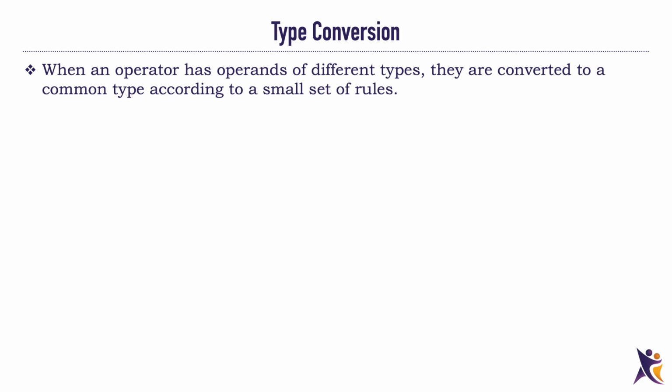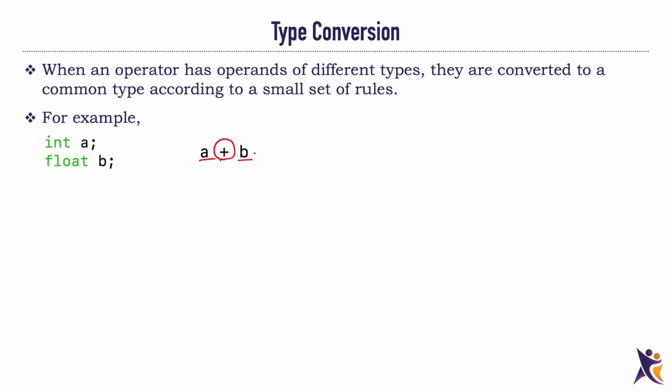When an operator has different types of operands, they are converted to a common type based on some rules. For example, if I want to add two variables of different types, let us say A is of integer type and B is of floating point type, and I want to perform an addition operation on these two operands.